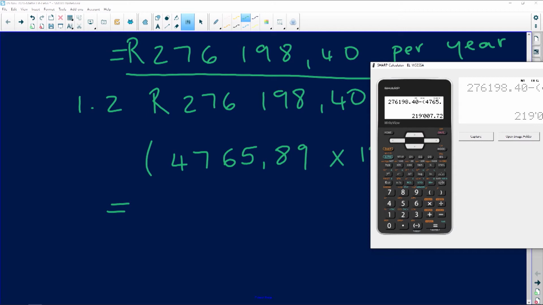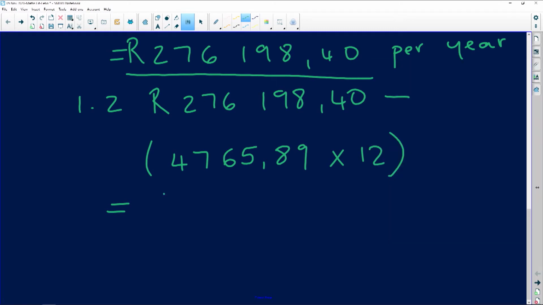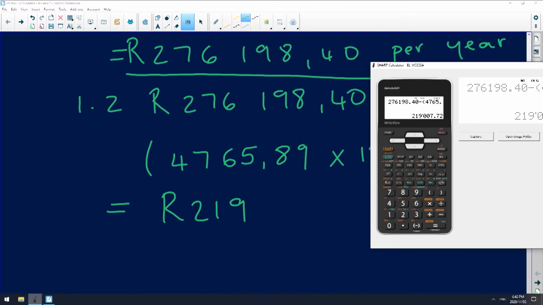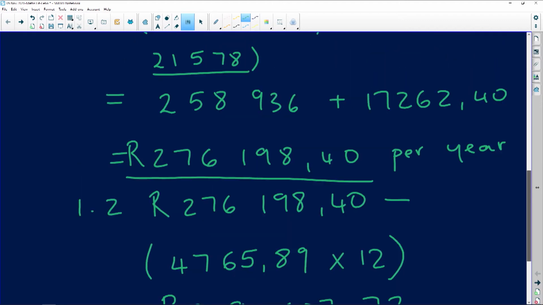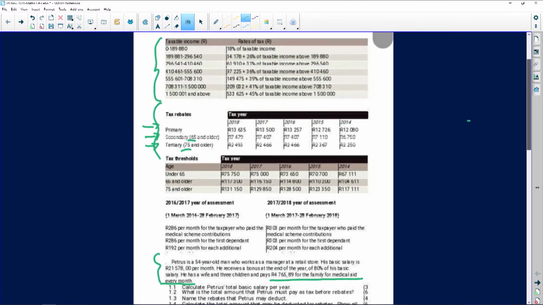It puts this person on a very different tax bracket. 219,007.72. So now we have to go look for this money in terms of the tax bracket. Let's go see which tax bracket 219,000 this person is going to qualify for.